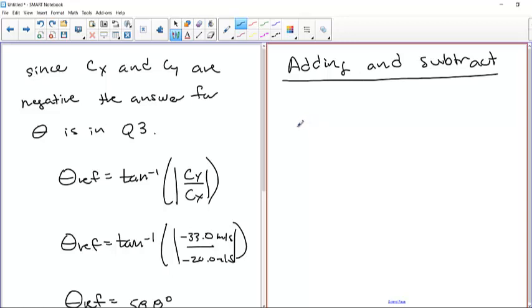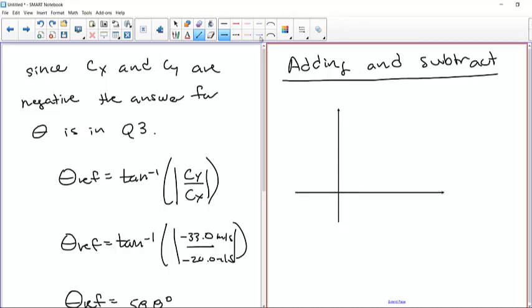There you would need to add and subtract vectors, but we're not going to talk about that too much. We're just going to worry about doing projectile problems when it comes to two-dimensional motion right now. But we're going to introduce the idea of adding and subtracting vectors. So we're going to do the same thing. We're going to introduce the topic using graphical means, and then we're going to do it analytically.